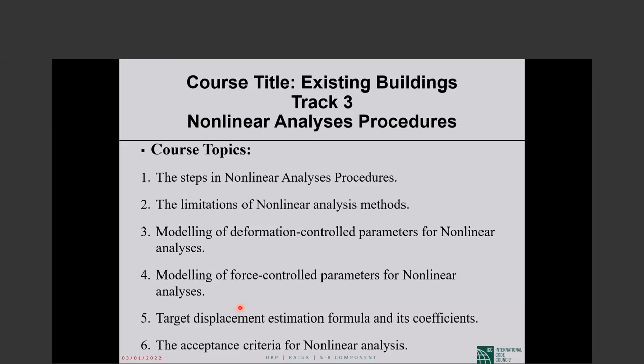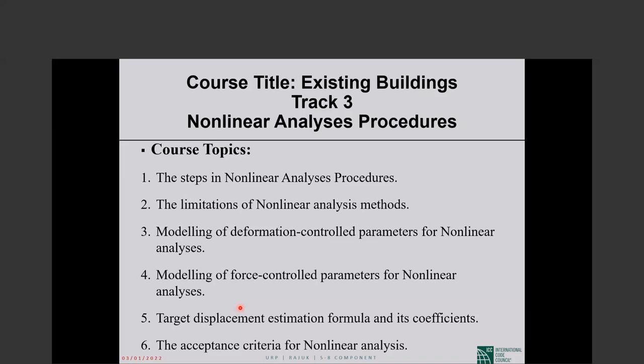Target displacement is quantification of earthquake in nonlinear. When they check at this level of earthquake, it gives us a target of, say, 5 centimeter target displacement. They say check it for the bigger earthquake, it gives, for example, 7 centimeter.